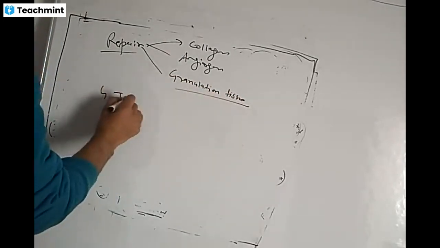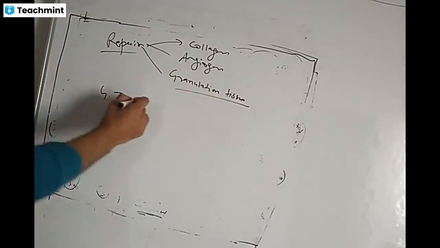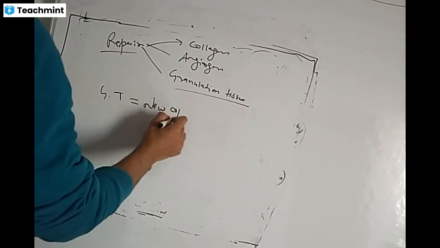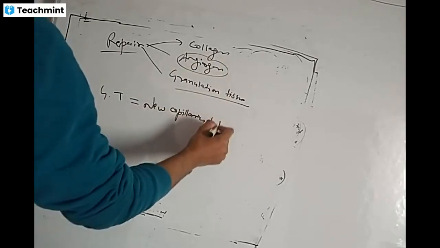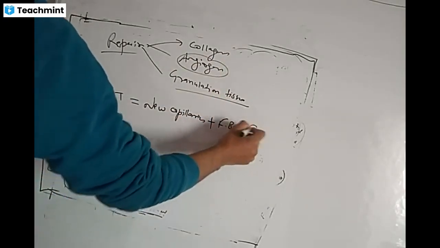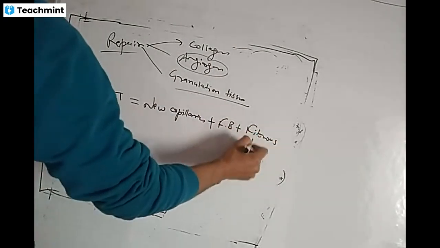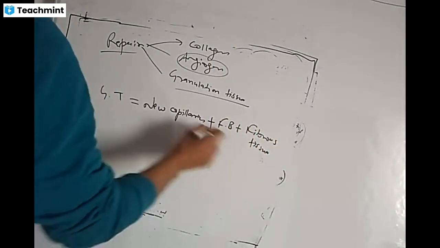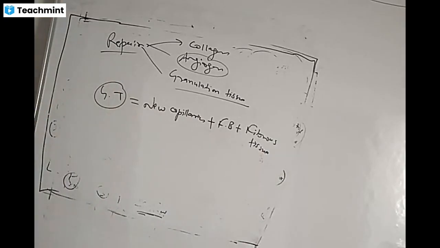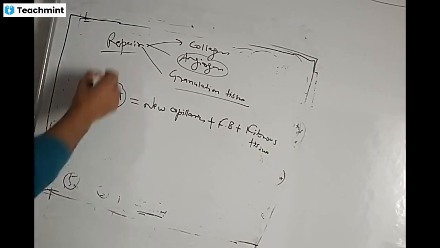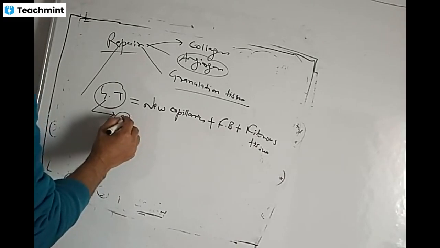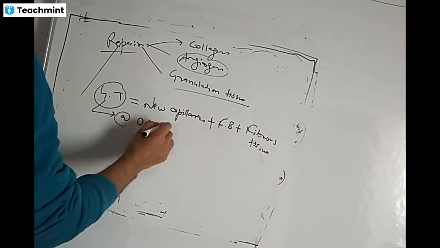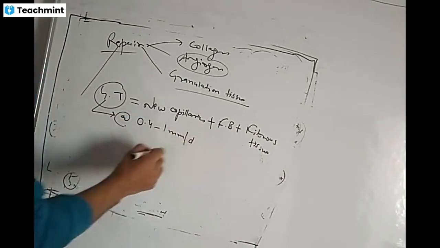Granulation tissue is nothing but new capillaries, angiogenesis capillaries, plus fibroblasts, plus fibrous tissue. These three things make the granulation tissue, and it is formed at the rate of 0.4 to 1 mm per day.